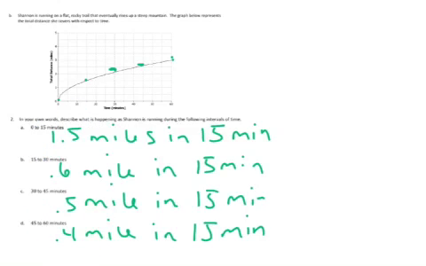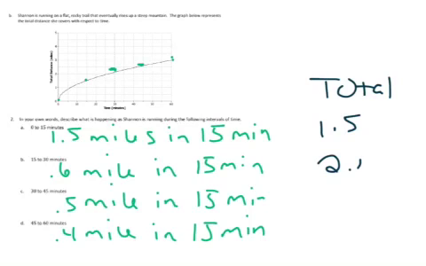So after 15 minutes, I'm going to put my totals over here in dark blue, we were at 1.5 after the first 15. After 30 minutes I'm at a total of 2.1, and you could see that right here. I estimate that to be 2.1. After 45 minutes, I should be roughly at 2.6, which I am if I estimate that roughly at 2.6.